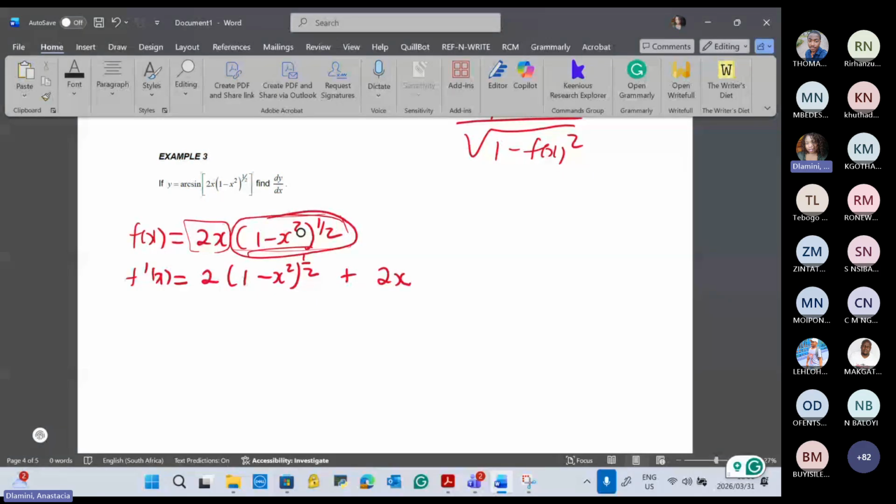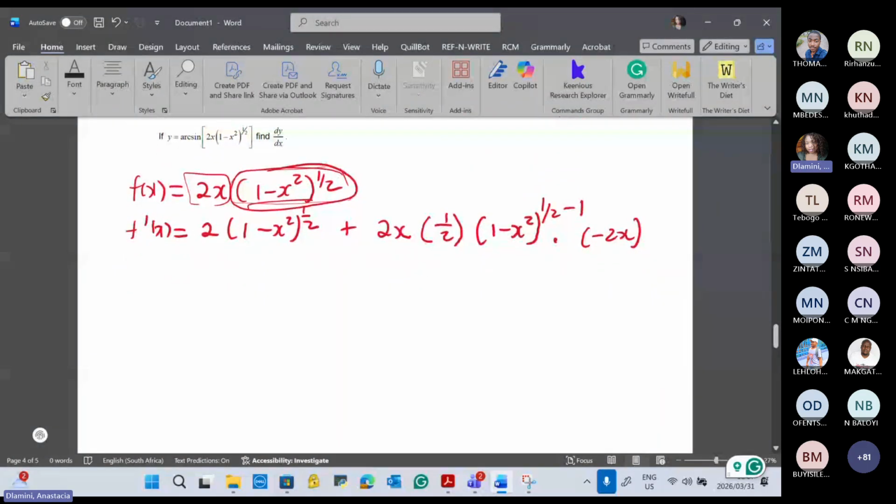So we take the half here, 1 over 2. So this becomes 1 minus x squared to the power of 1 over 2 minus 1, times the derivative of the inner function, in this case minus 2x. Are we all together? Yes, ma'am, we are together.